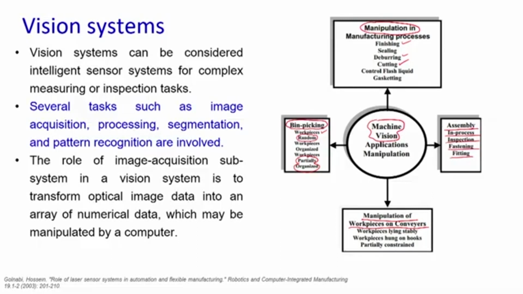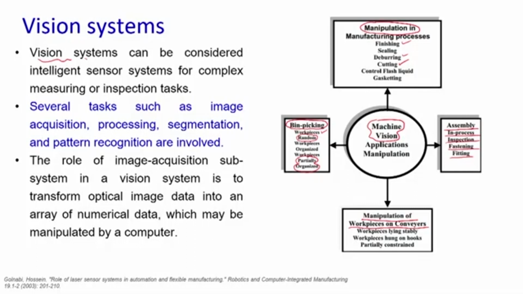To enhance the efficiency continuously we have to monitor these transformation operations, and if something goes wrong it can be detected at the right time so that we can avoid delay in the production time. Machine vision systems can be considered intelligent sensor systems for complex measuring and inspection tasks.